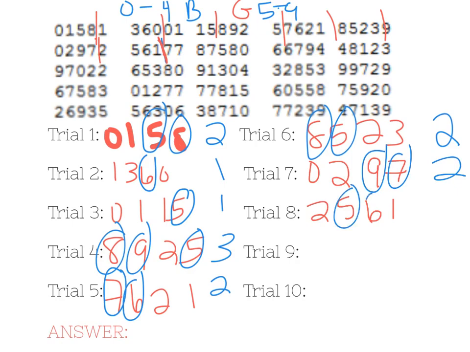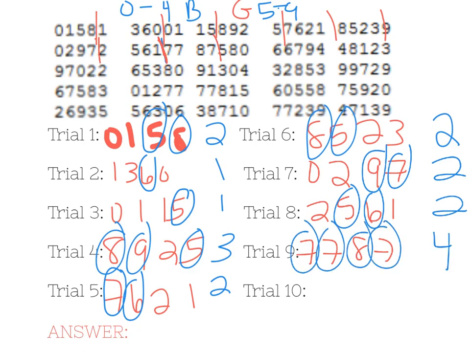That will give me 2 girls. And then 7, 7, 8, 7, that's going to give me 4 girls. And then for the last one, I have 5, 8, 0, 6. That means I have 3 girls.